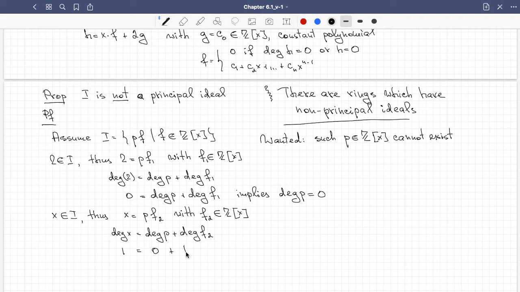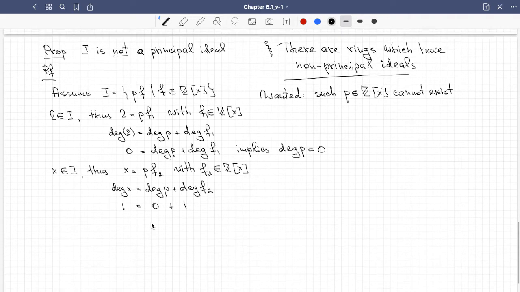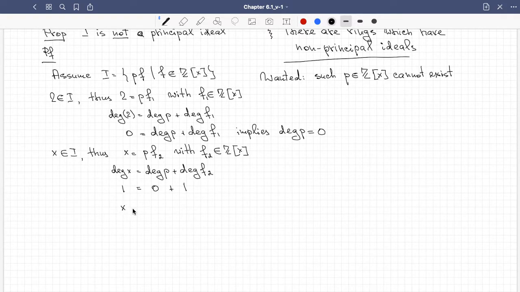Thus, we can rewrite this equality. Let me say that degree f2 is 1, which implies f2 is ax plus b, where a is not 0. A and b are integers, a non-zero.